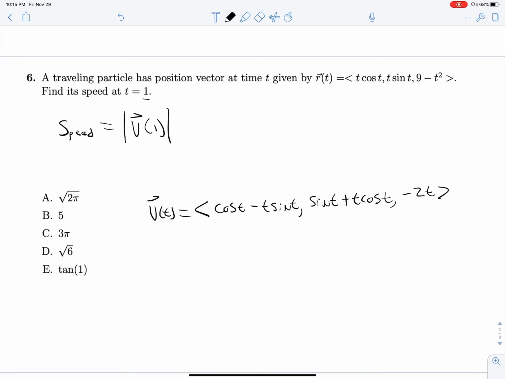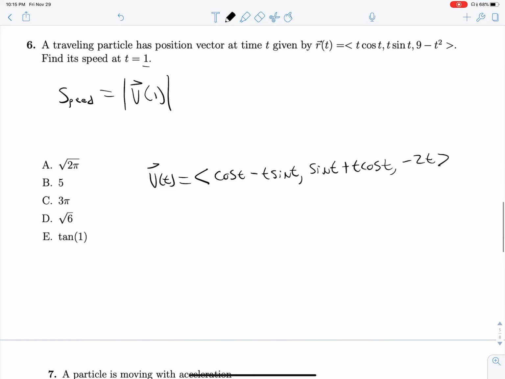Okay, now time for a magnitude, because our magnitude of this thing is going to be all of these components squared, and we're going to take the square root of that.